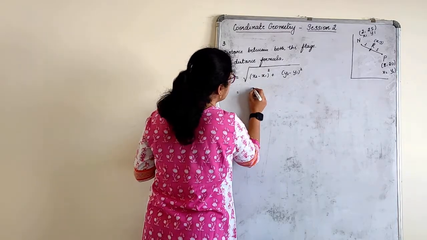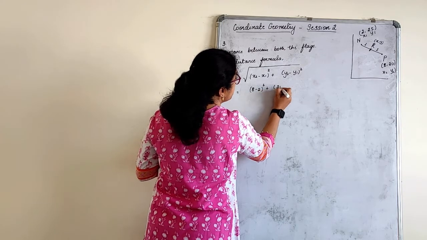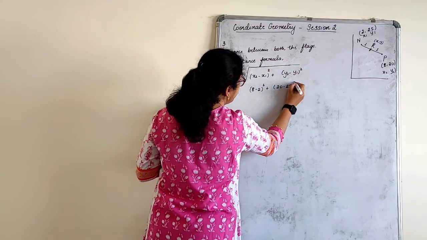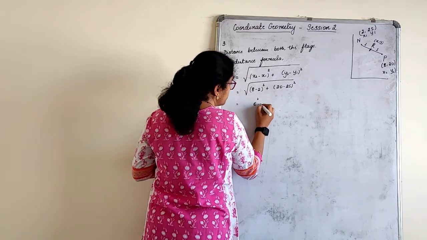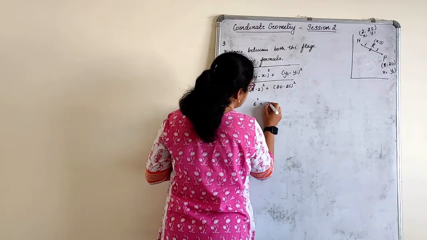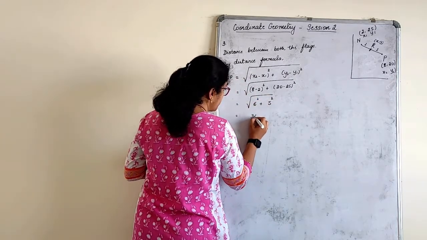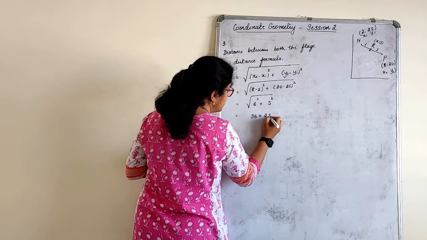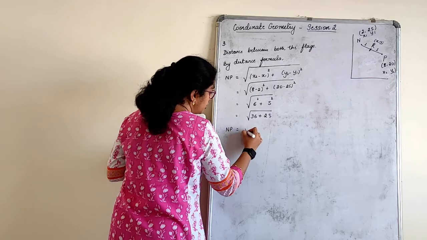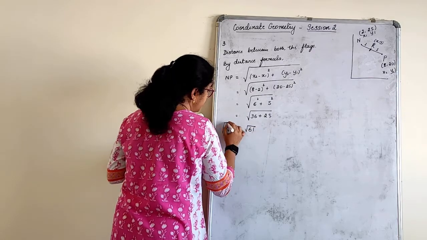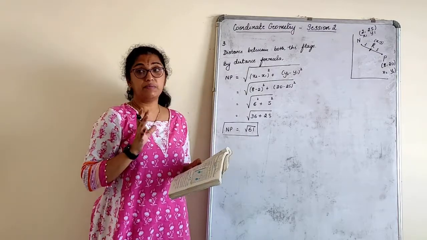It is 8 minus 2 whole square plus 20 minus 25 whole square. 8 minus 2, 6 square, plus 20 minus 5, 5 square. 36 plus 25. So, how much? 61. Root 61 is the distance between both the flags.